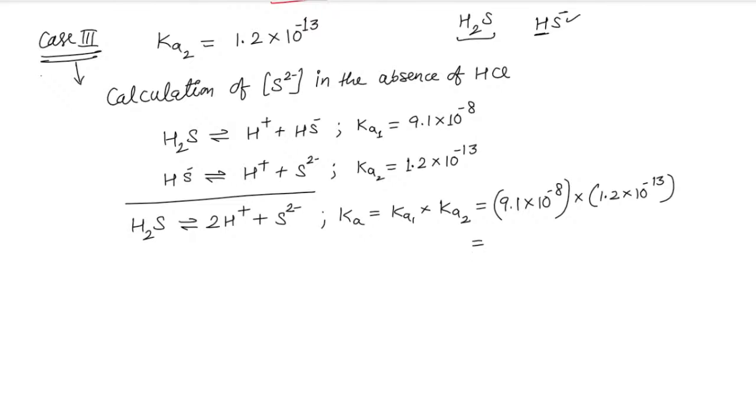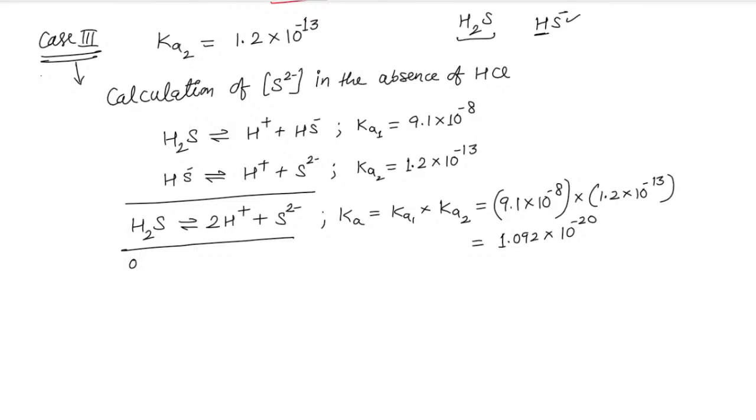So just multiply, 1.2 into 9.1, and it becomes 1.092 into 10 raised to power minus 20. So this is K, the representation of dissociation of H2S to S2 negative.